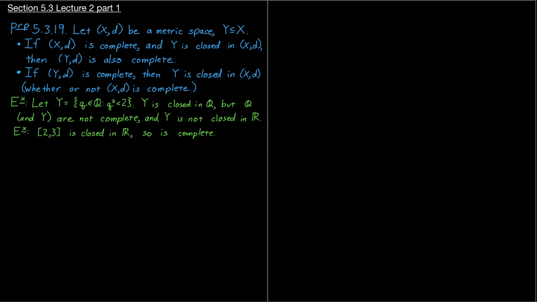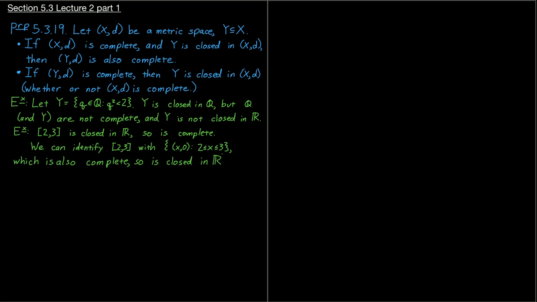And then we can identify [2, 3] with the set of all points in R2, where we identify x with the point with x coordinate x and y coordinate 0, which is also complete. So it is closed in R2.